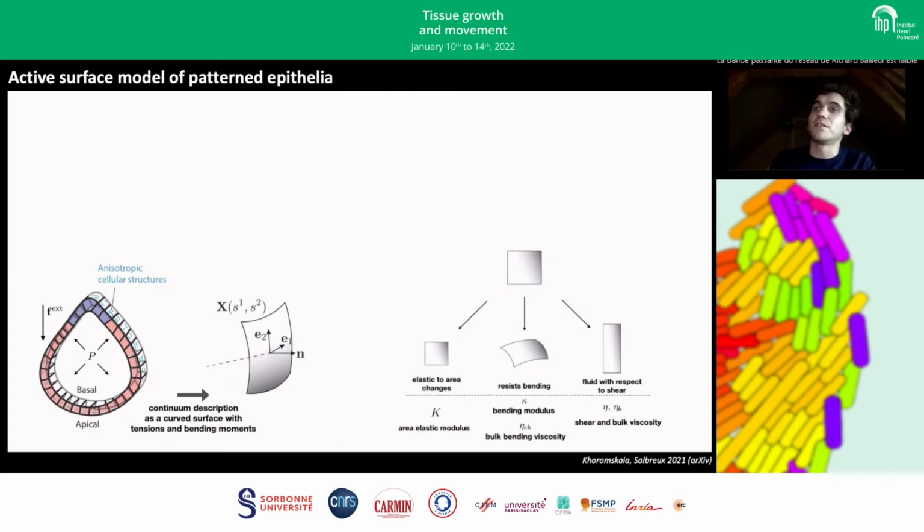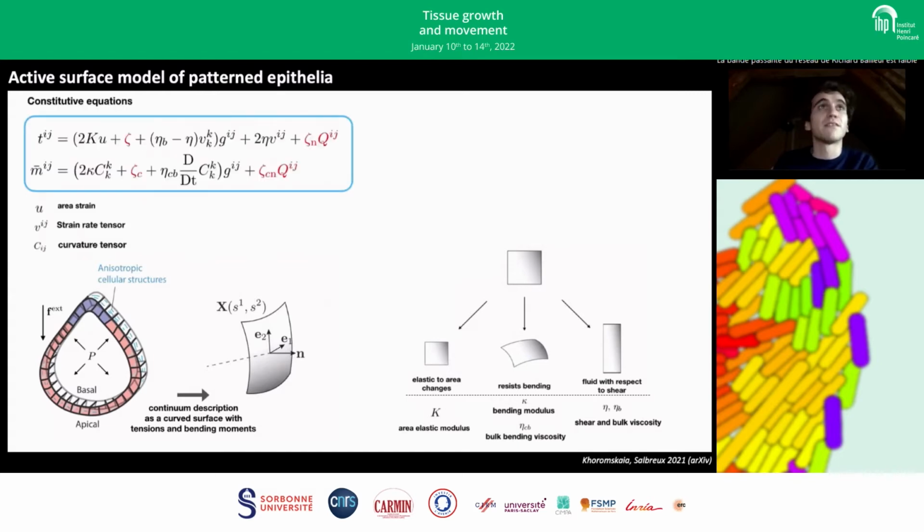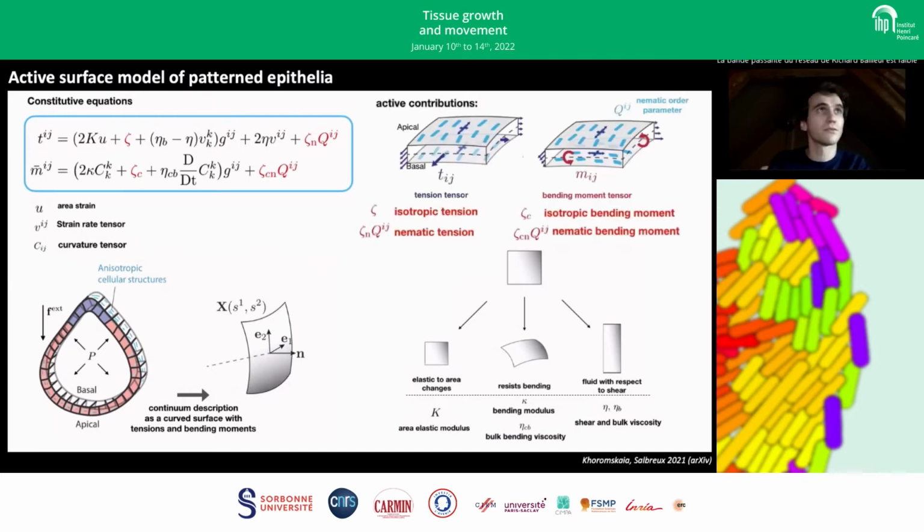These characteristics of epithelia, elasticity, bending resistance, and fluidity with respect to shear, are associated to some parameters. And these are the constitutive equations of the model. So there is a tension tensor and a bending moment tensor.